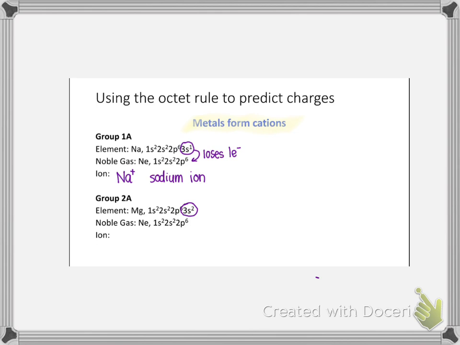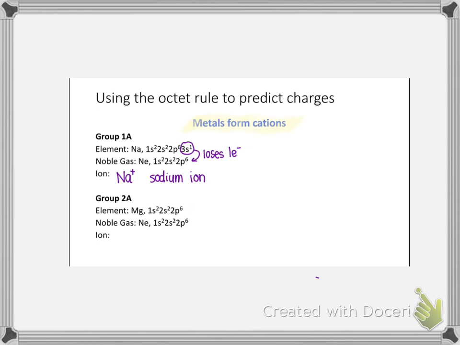Now let's just imagine again, and I know for some of you it's easier to imagine than others, but if I take away the 3s2, so take away the valence electrons, now compare magnesium to the noble gas closest to it, which is neon, and you'll see that they match. Okay, I'm going to do it again. So there's the 3s2, and I get rid of those 2 electrons.